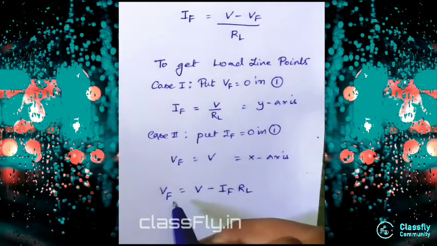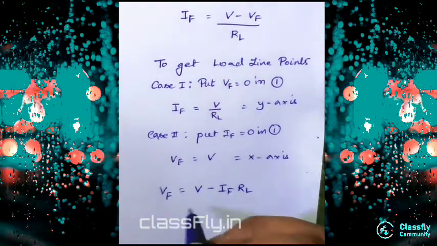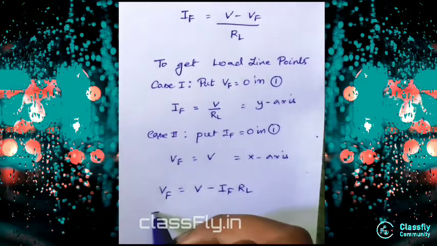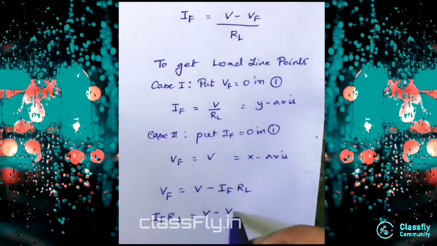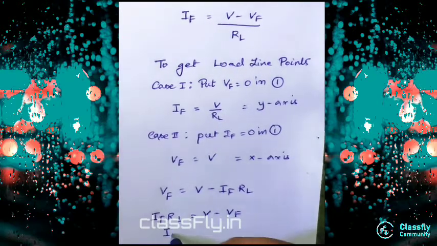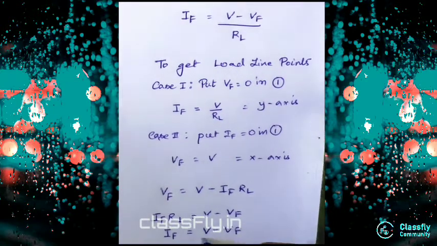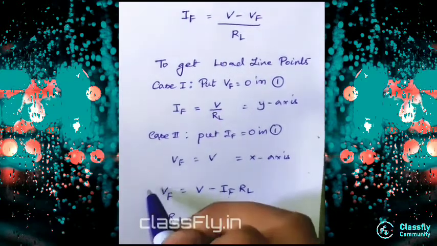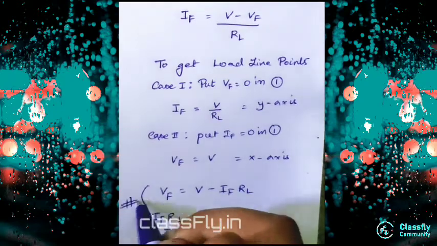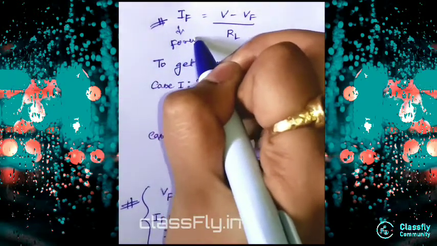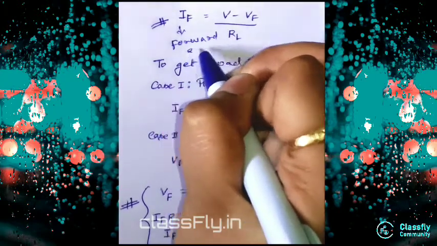If we move this VF across, it becomes IF RL equal to V minus VF. And if I keep only IF here, then it is V minus VF by RL. So I got my forward current equation also.